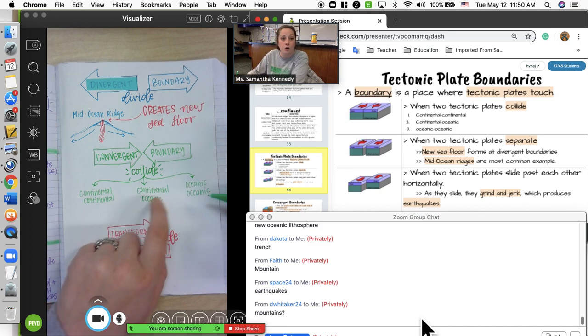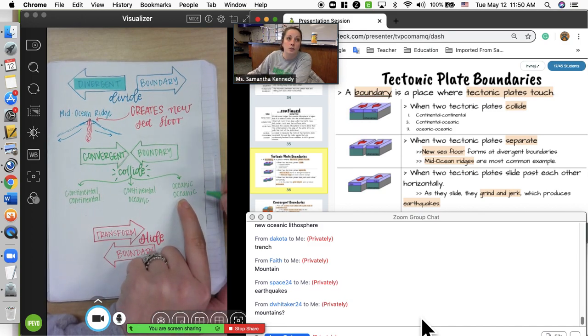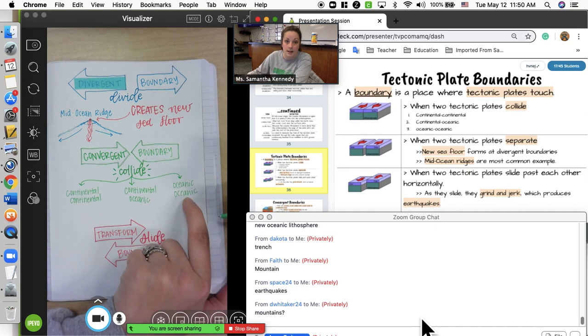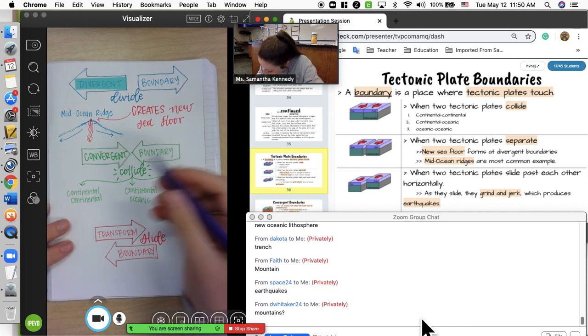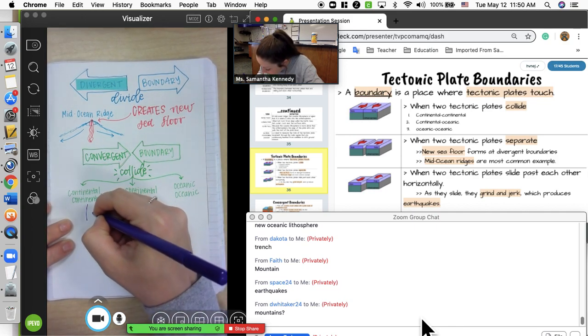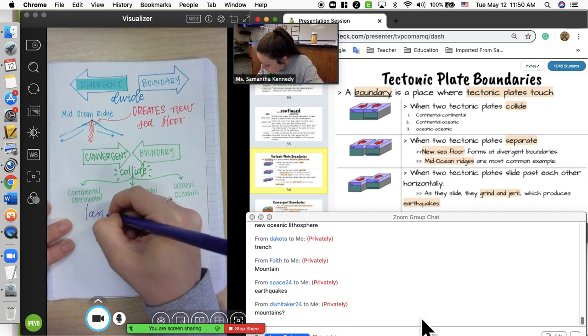And then when you have oceanic, you're going to get volcanic islands and a trench. We're going to talk about that in later lessons, but I do want to put landforms. So convergent boundaries create landforms.